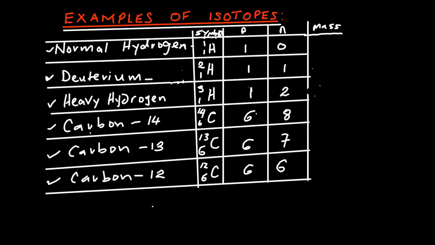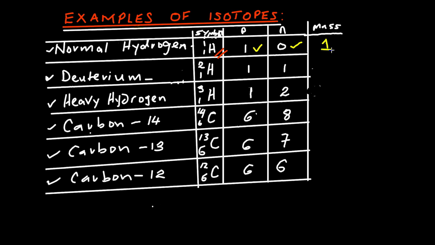Examples of isotopes include normal hydrogen, written with the mass number as 1 and the proton number as 1. The proton equals 1, the neutrons equals 0, hence the mass is 1.